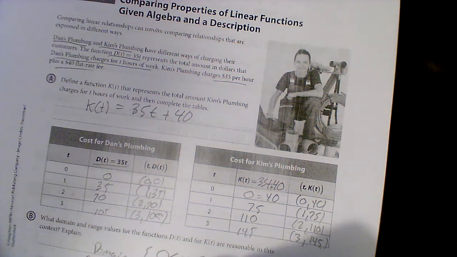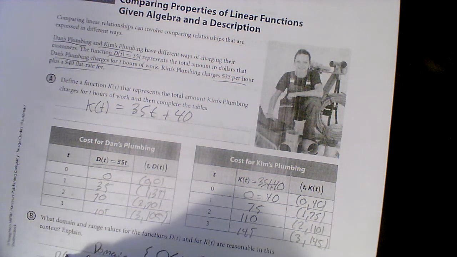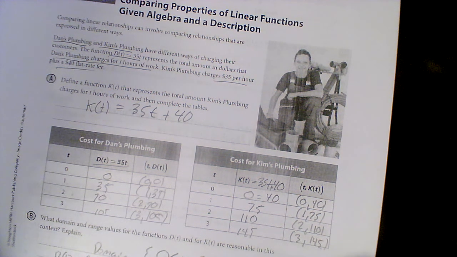It's about 1,400, and that would be for the D of T. And honestly, the range for the other one would be from 40 to about 1,440, a little bit higher.